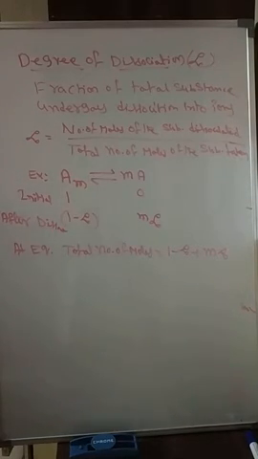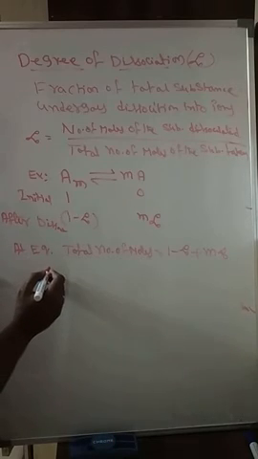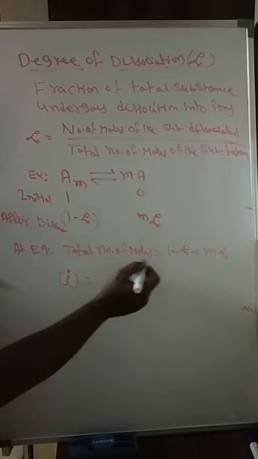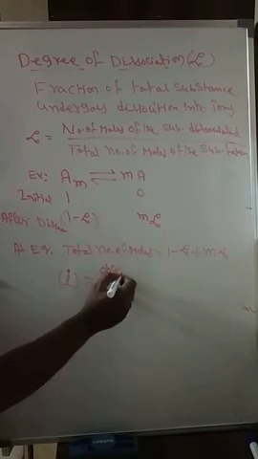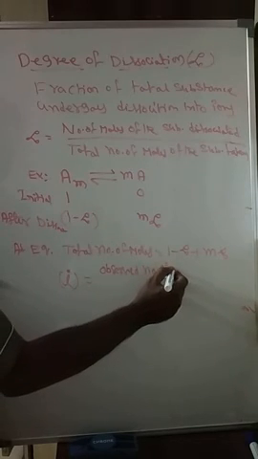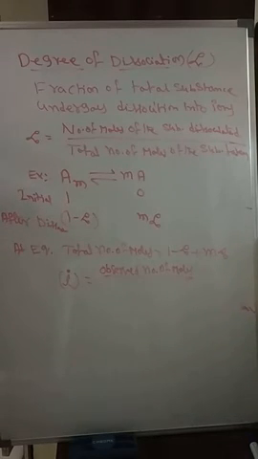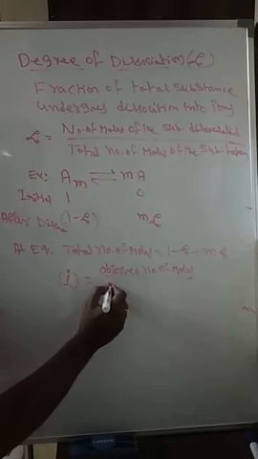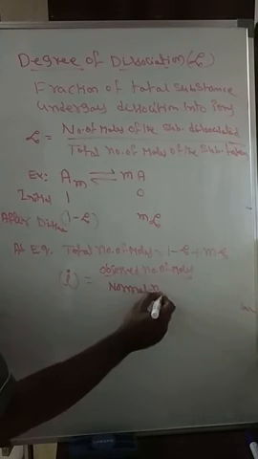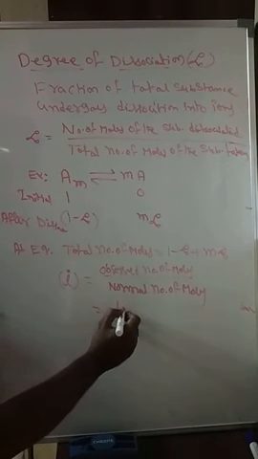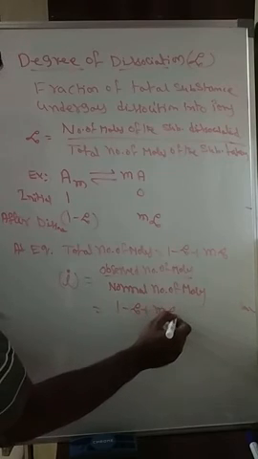Do you know what the Van 't Hoff factor is? The Van 't Hoff factor i is equal to the observed number of moles of the solute divided by the normal number of moles of the solute. The observed number of moles is 1 minus alpha plus m alpha.